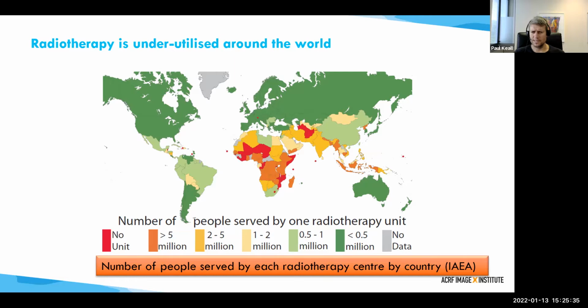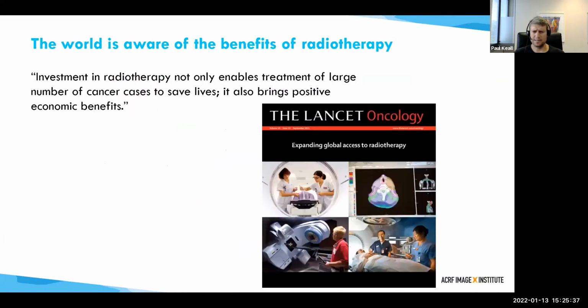So what does this mean? For HIV, there was a massive global investment, making HIV and AIDS go from really a death sentence to a chronic disease, at least for those with access to antiretroviral drugs and medicine.